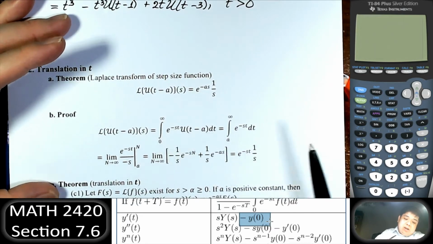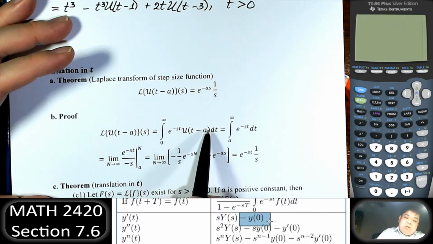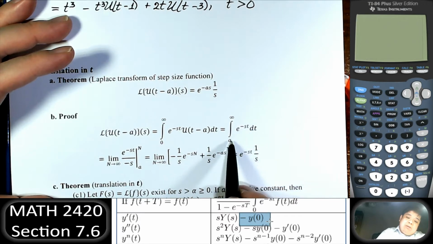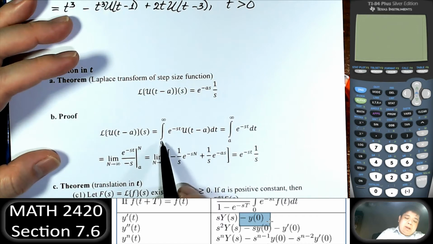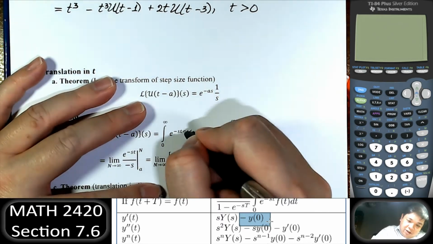So we can just let this equal 1 when t is greater than 0. When it's less than 0, it doesn't matter. Right, so now we have this function, the definition of Laplace transform. Let's write this function out.